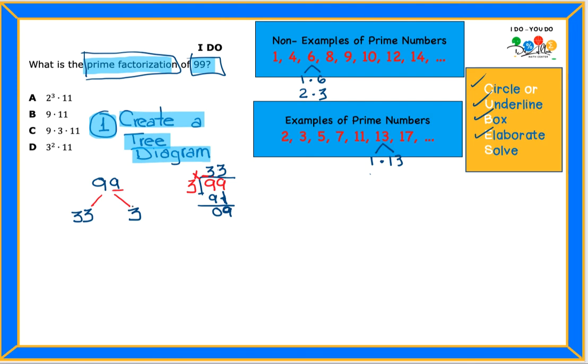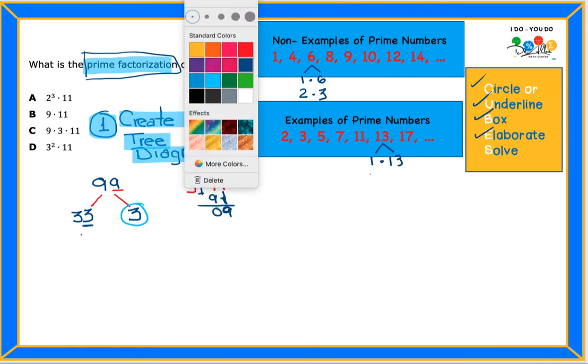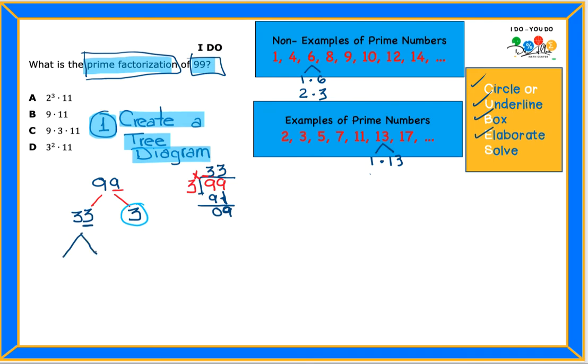And this 3 is a prime number. Okay, great. So I'm just going to keep this number. Now this number, the 33, again, I check the last digit and it's odd, so I cannot divide by 2. So I'm going to try the 3.